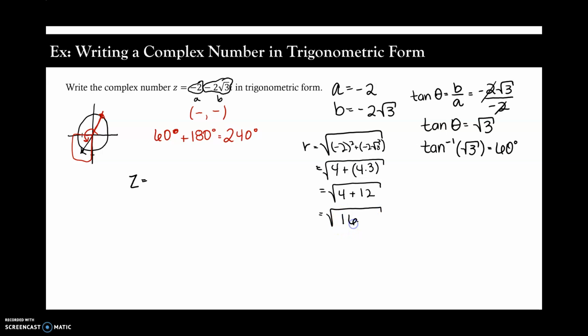So that's 16. That's 4. So r is 4. 4 times cosine 240 plus i sine 240. And that's how you write that in trigonometric form.